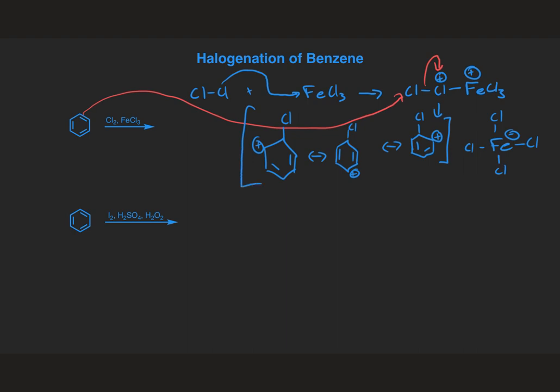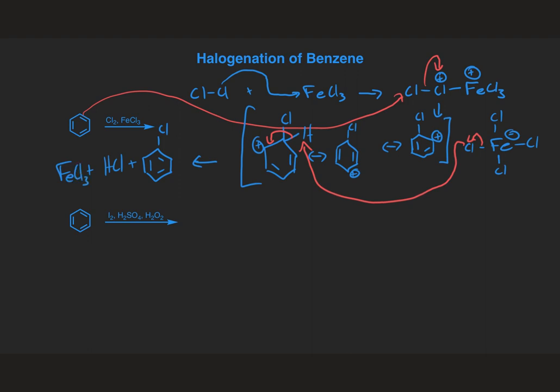Here. And then this hydrogen is acidic and is going to be plucked off using one of these Cls, that's going to generate chlorobenzene plus HCl and regenerate our iron trichloride.